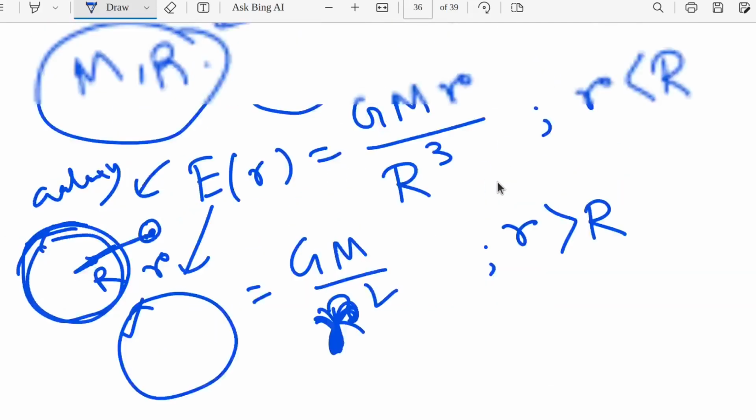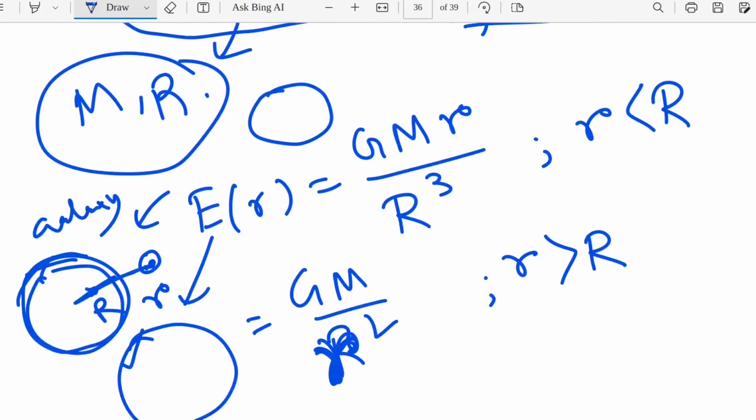Okay, so this is very simple. How can we directly write these expressions? Because of the spherical shell problem. In that spherical shell problem, if it is capital R, and let's say I am calculating here the electric field, I mean the gravitational field, then what will be the value of that E(r)?